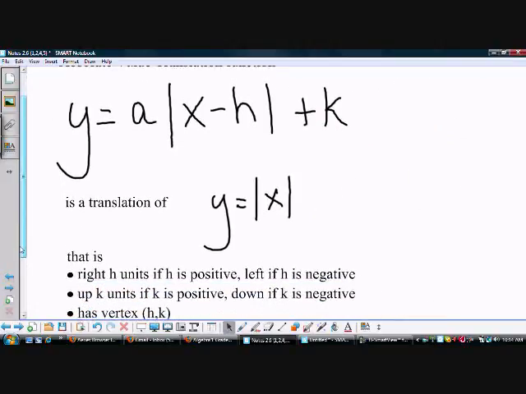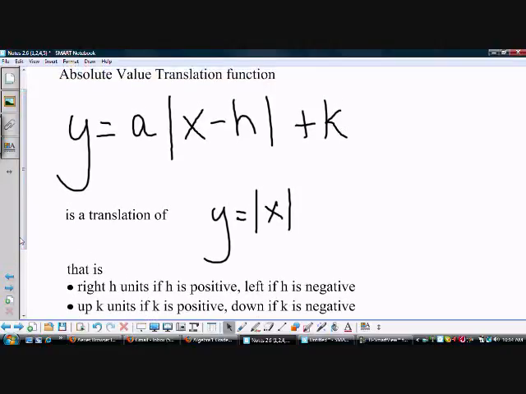Okay, so the format for the absolute value function is not going to look like we did yesterday. It is y equals a times the absolute value of x minus h, close the absolute value, plus k.